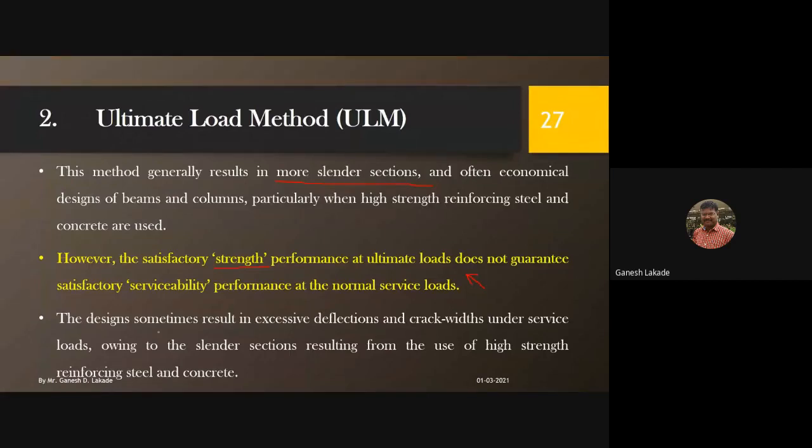In that case, excessive deflections may happen. Excessive deflection means the deformation may be more, which creates insecurity among the users.